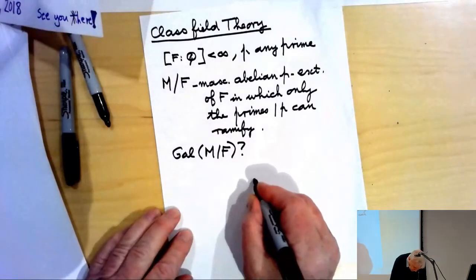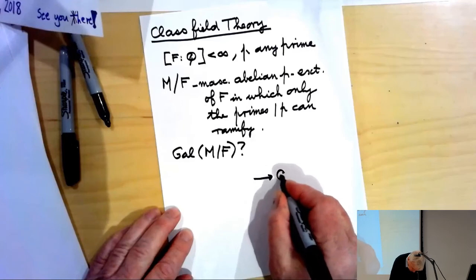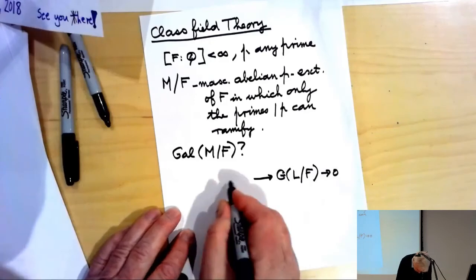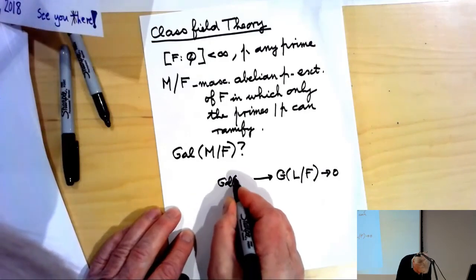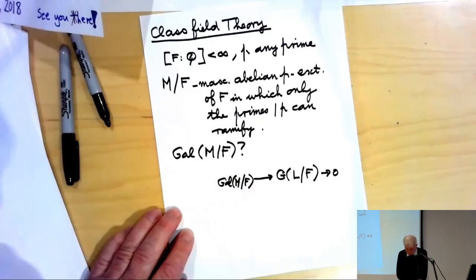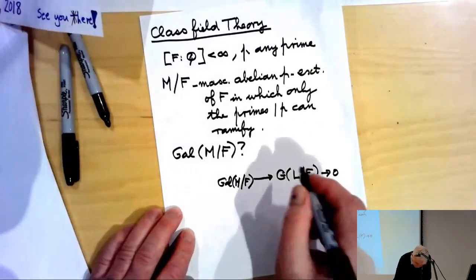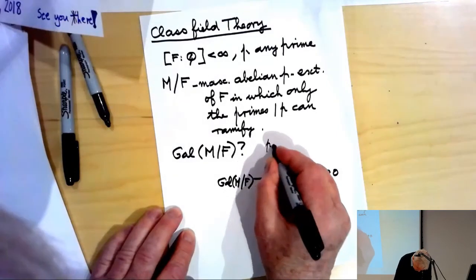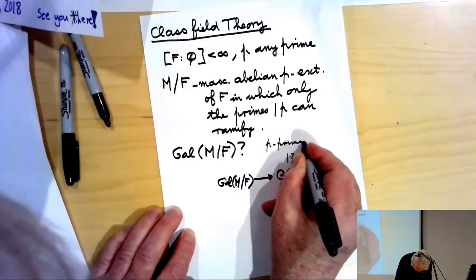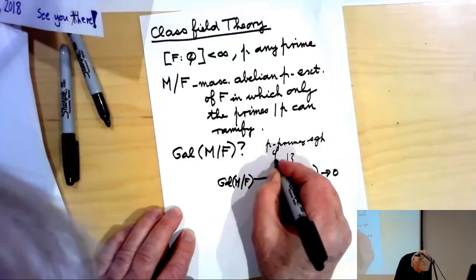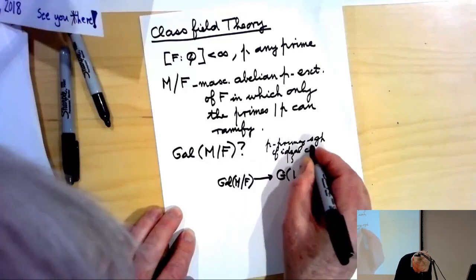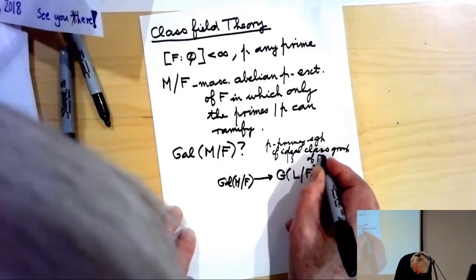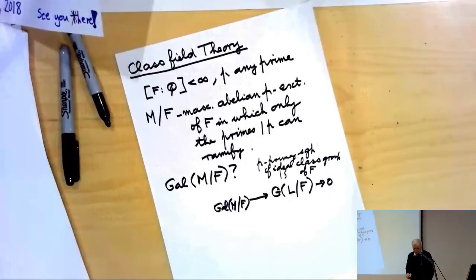Well, firstly, it will map onto the so-called Hilbert class field of F. So this is the Galois group of M over F. And the p Hilbert class field, its Galois group here will be isomorphic to the p-primary subgroup of the ideal class group of F. This is the so-called Hilbert class field.